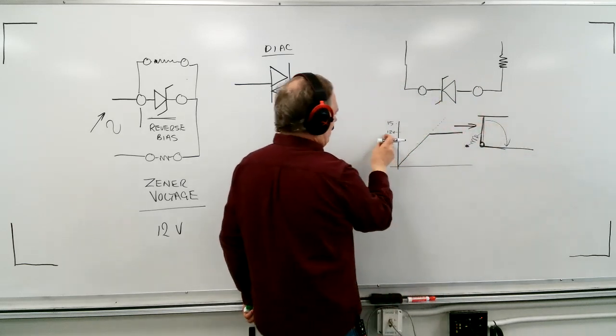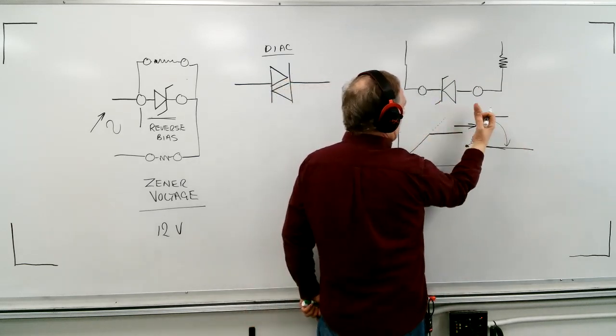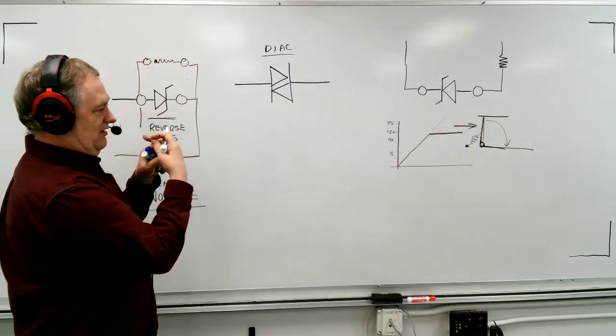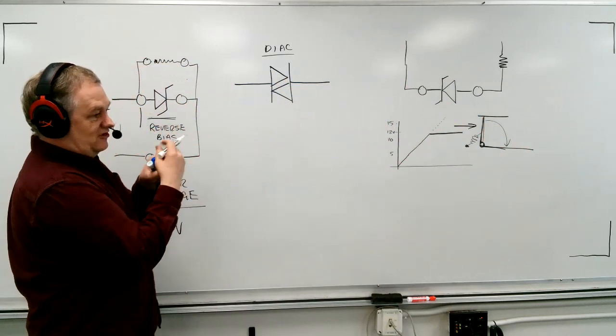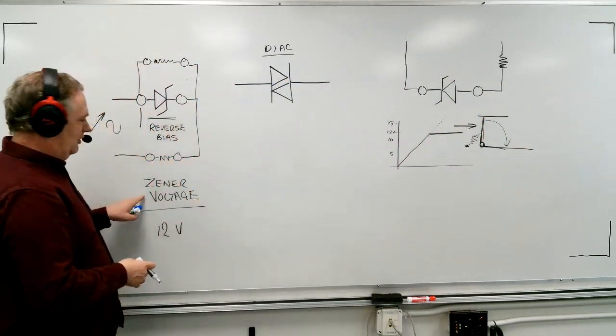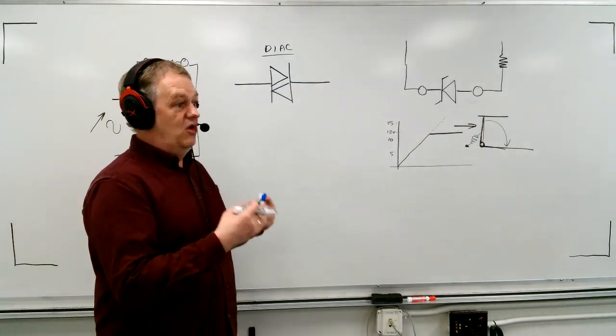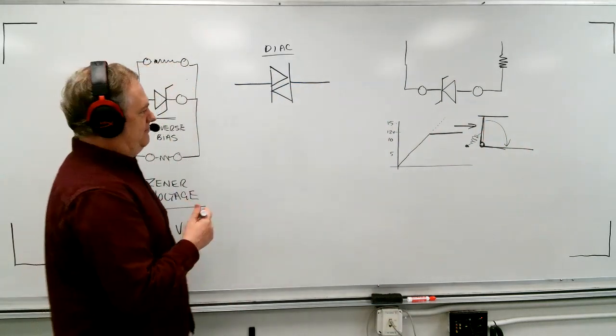As soon as your voltage drops below 12 volts, bang, the door is going to shut again. That's what a Zener diode does. It starts to conduct at its Zener voltage, and as long as it has that much voltage on it or more, it's going to conduct.